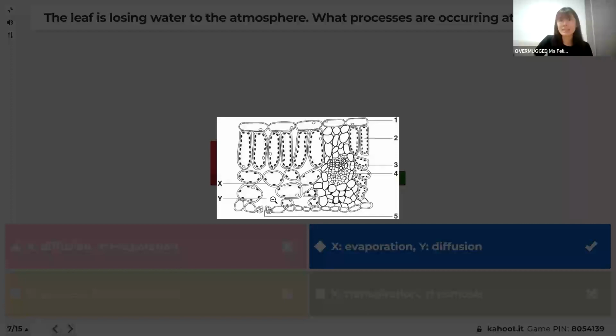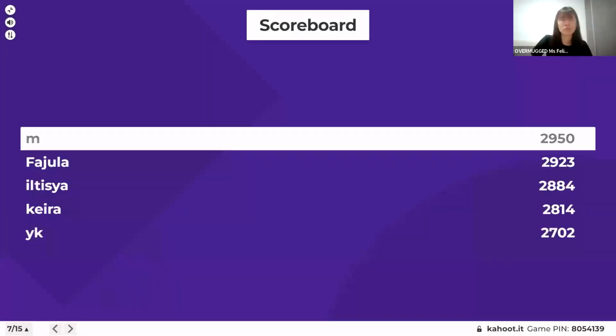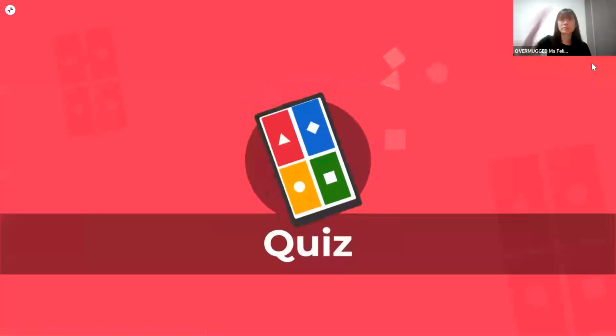So liquid to gas, that is evaporation. Then from here, how do you lose water to the atmosphere outside? To lose it outside, you need to undergo diffusion. Because if you look at my notes, I draw an arrow from the intercellular airspace to the surrounding, that is diffusion. You can just flip your notes to check it. All these are actual school exam questions, which may come up for your school exam also. Okay, next one.